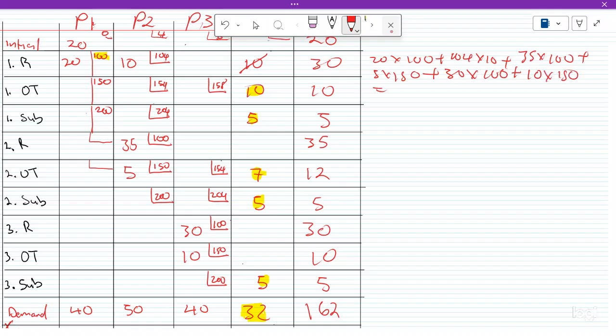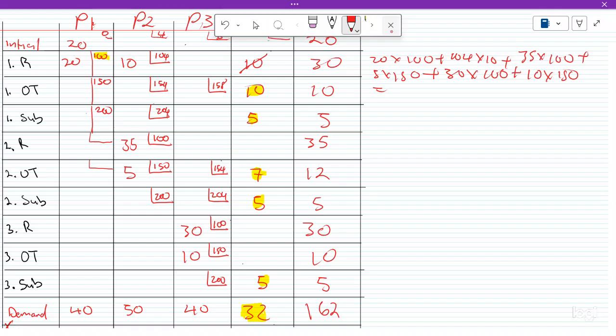So now you need to find your cost, which is going to be 20 times 100 plus 104 times 10 plus 35 times 100 plus 5 times 150 plus 30 times 100 plus 10 times 150.